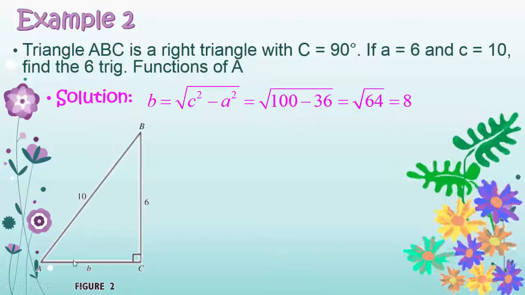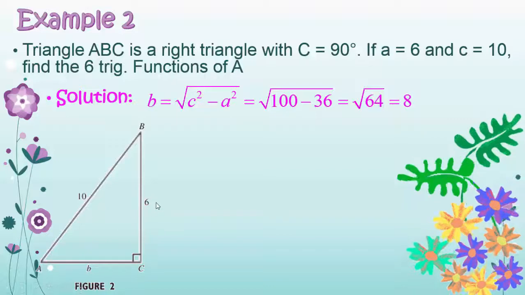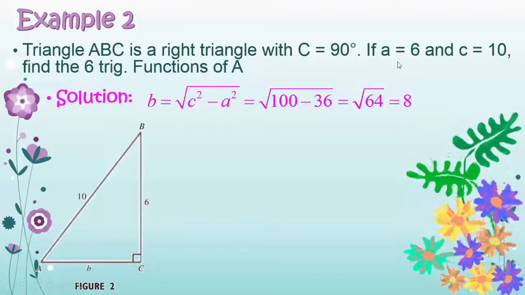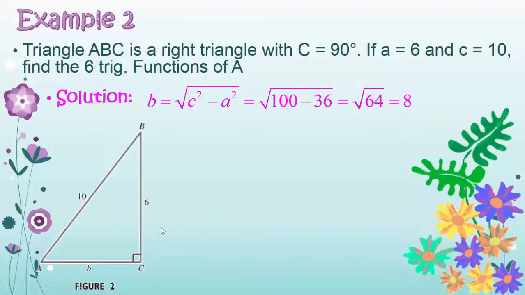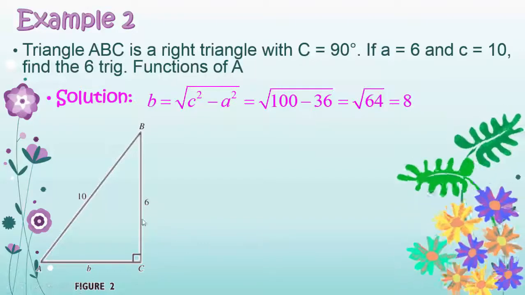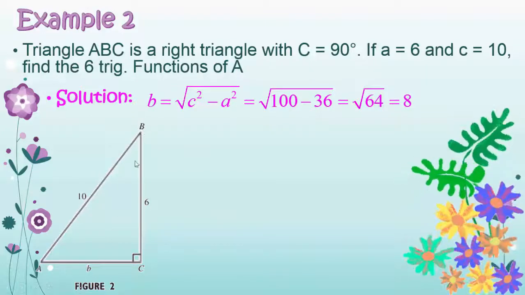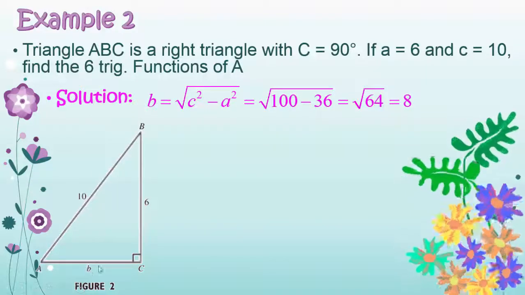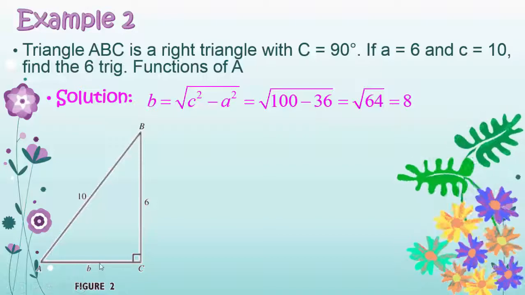Here 6 is going to be a, and this is how we label it. We don't know what b is, because usually we define the sides opposite the angles in small letters. So the length b is opposite angle B.